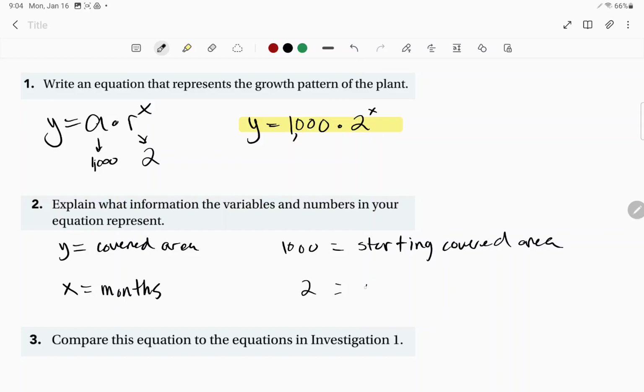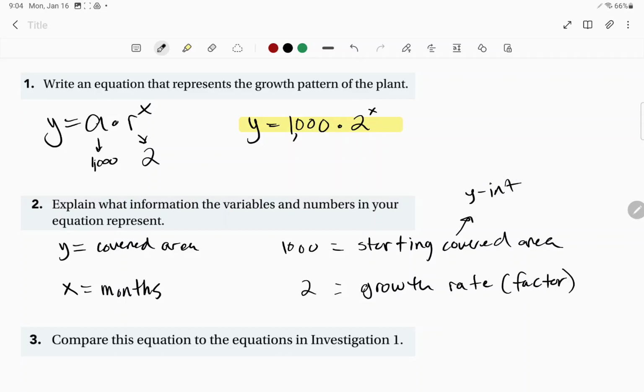And this 2 represents the growth rate or growth factor. Okay, remember this is also, when we go to graph it, that's going to represent our y-intercept.